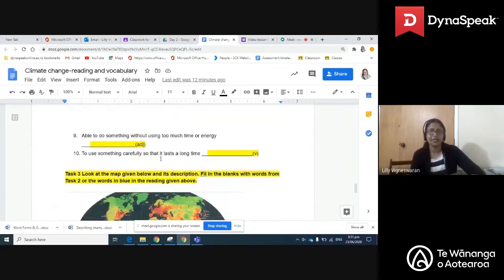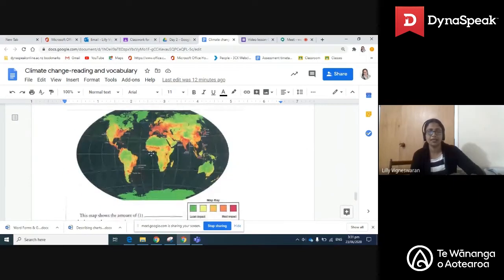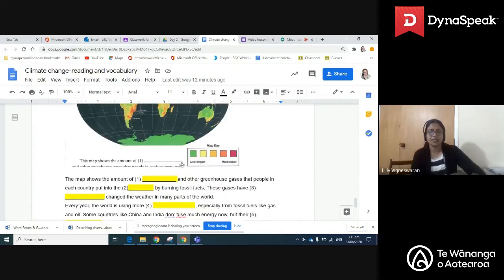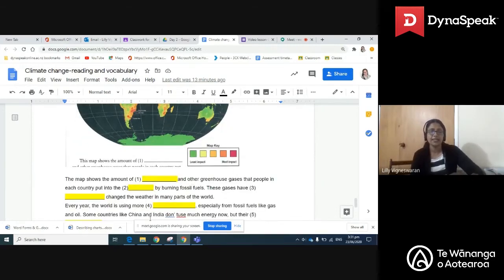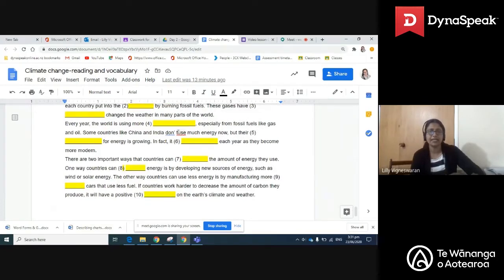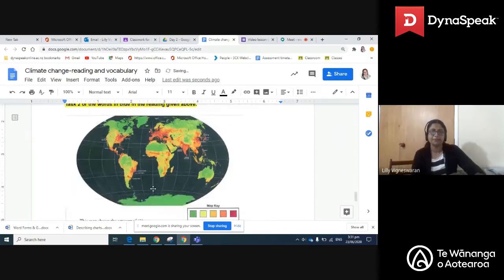Once you're familiar with those words, you look at this map here, which is not a line graph or bar chart, but just a visual which shows certain things about the earth, all in color coded format. You have the map key here, as you can see, and this writing is a short description of the map.